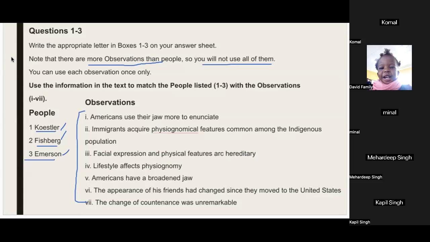Done, everyone, with the reading of observations? Yes, ma'am. Okay, let's move to the passage part.